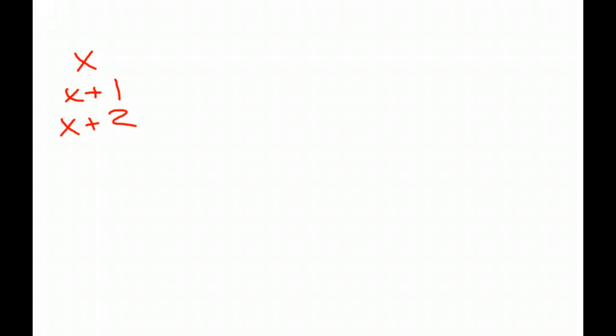All right, so I'm supposed to find 3 consecutive integers such that the product of the first and third is 4 greater than 4 times the second. 4 greater means it's bigger.